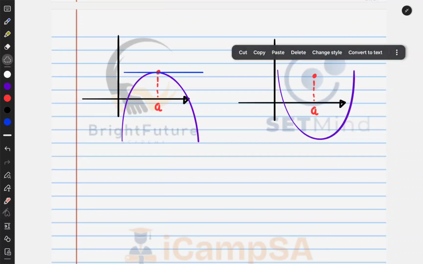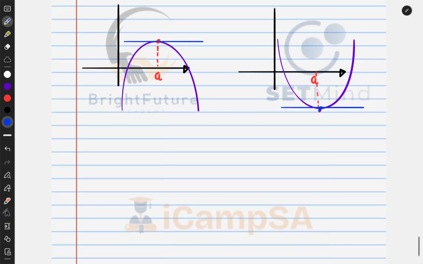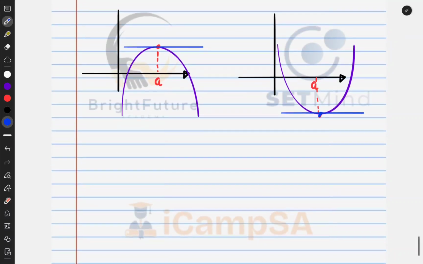And that is your a, that's your stationary point. So we will say the function is increasing and decreasing at x is equal to a. At the stationary point, it is both increasing and decreasing.